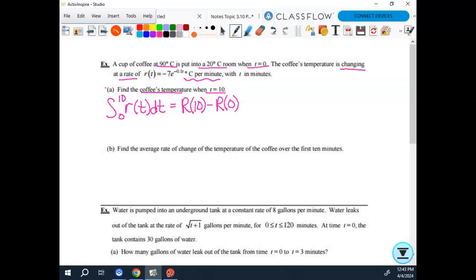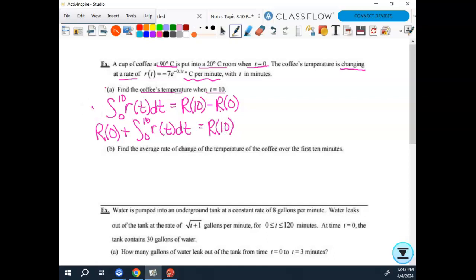That is your fundamental theorem of calculus. I am looking for R of 10, right? So I'm going to add this to both sides. So big R of 0 plus the integral from 0 to 10 of r of t dt equals R of 10.